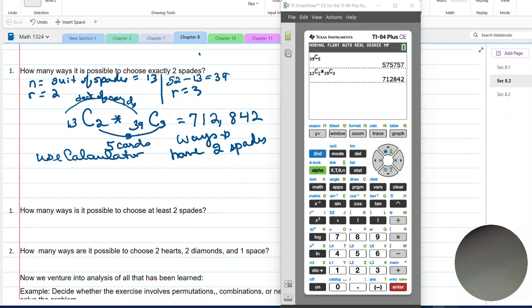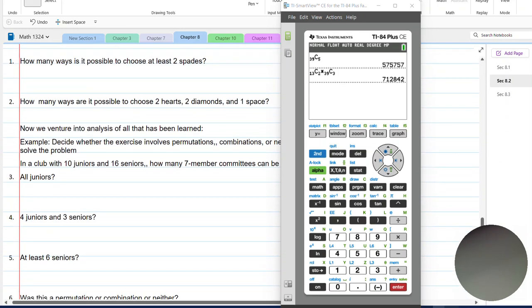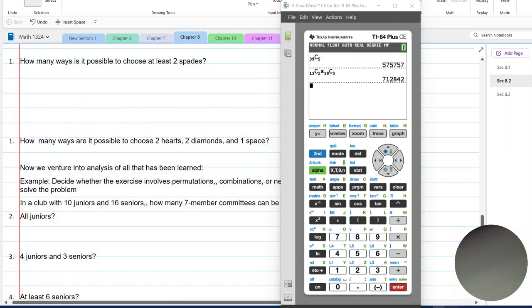Okay, now we're going to go to this one. Again, we're looking at the cards. Now we've got the at least. At least is an interesting number.